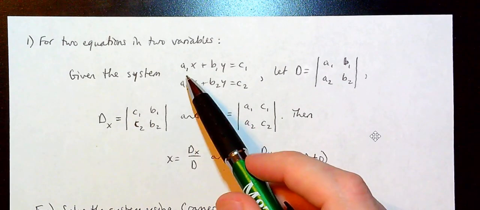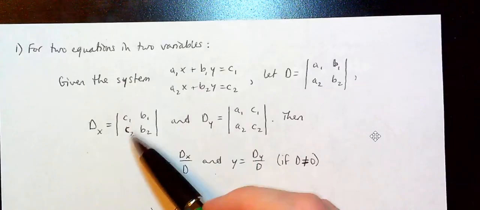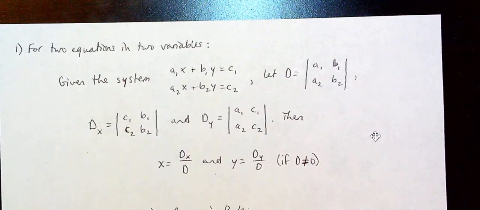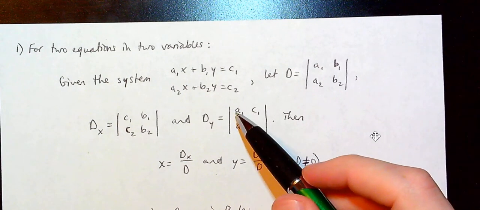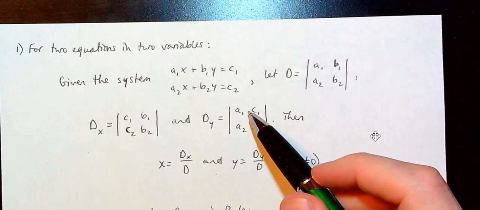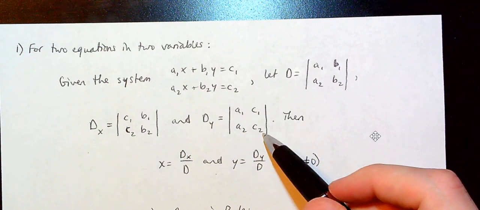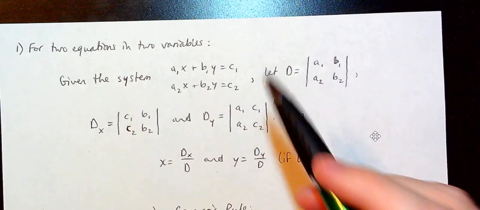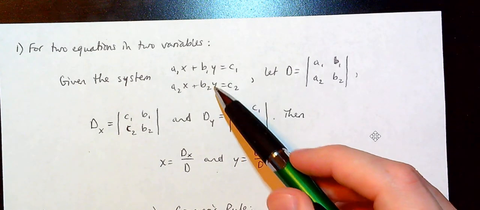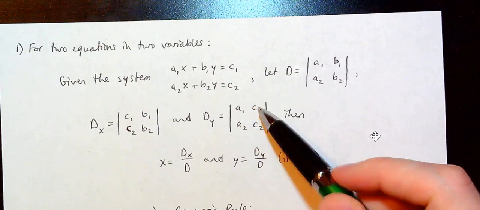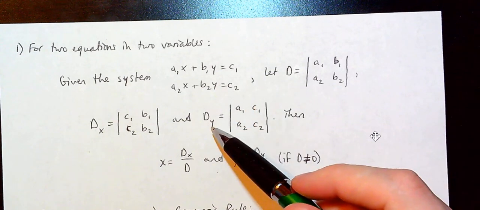So we took our a values and they got replaced by our c values. So that's D sub x. And then we have D sub y, which is the determinant of the 2 by 2 matrix with entries a1, c1, a2, c2. So now the b's, which were the coefficients of our y's, were replaced by c's. And that's our D sub y.